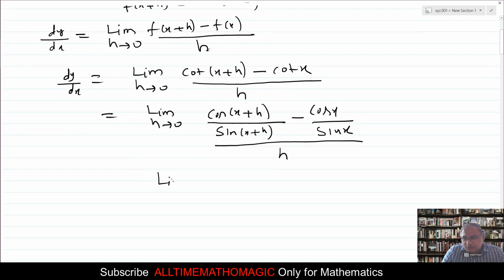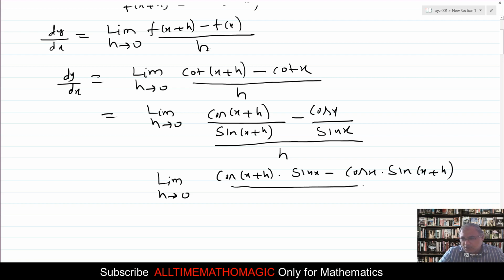On cross multiplication, cos of x plus h sin x minus cos x sin of x plus h, upon sin of x plus h sin x and h.